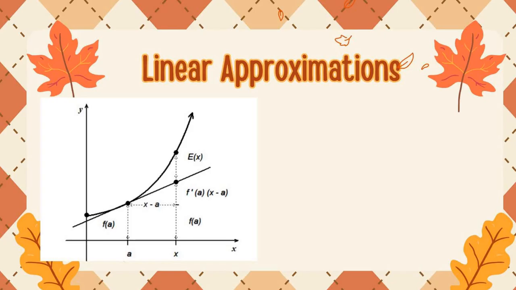So what we can say is L of x equals, and basically we're just setting up an equation using our tangent line. So it's really just our tangent line equation. So we have f prime of a times x minus a plus f of a.